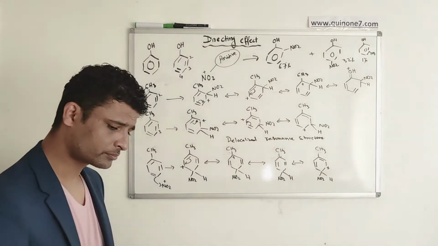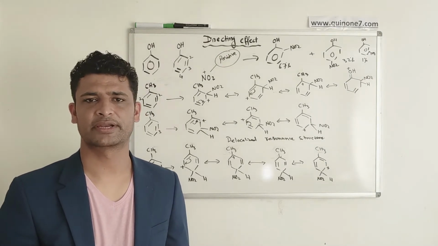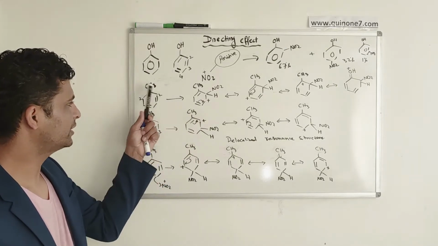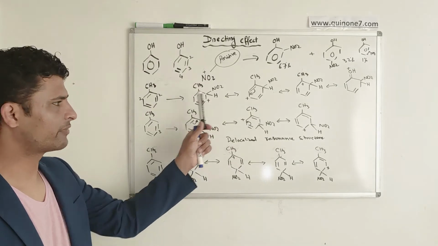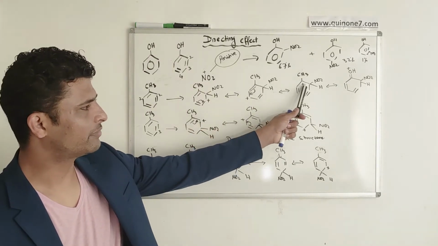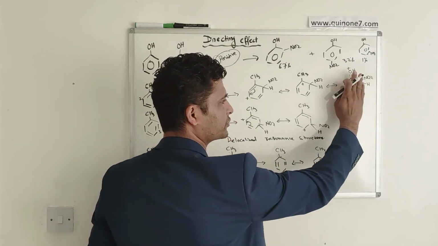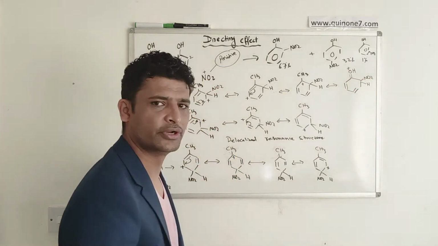Now, even if you have CH3, you will still be looking at an electrophilic substitution on the benzene ring. With CH3, everything is going to be the same up to here. After this, you cannot have this structure, because this structure is produced because the OH has donated the electron pair.